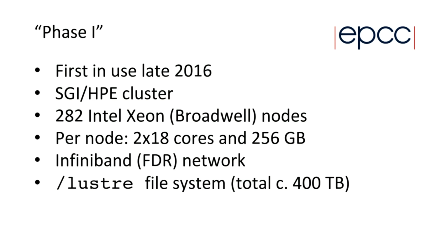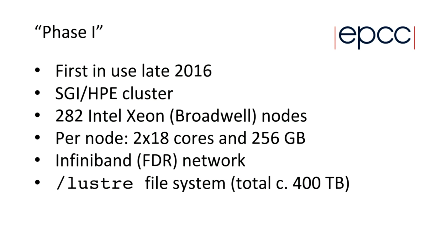Each of those nodes had 2 sockets, each with 18 cores, and the whole node had 256 gigabytes of memory. The whole thing was connected by an InfiniBand FDR network.